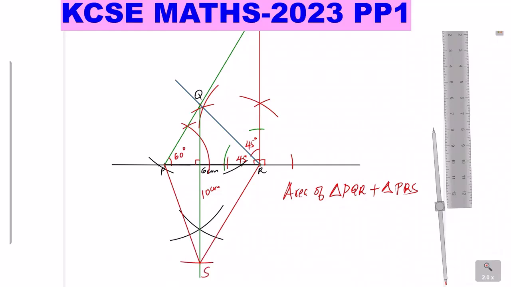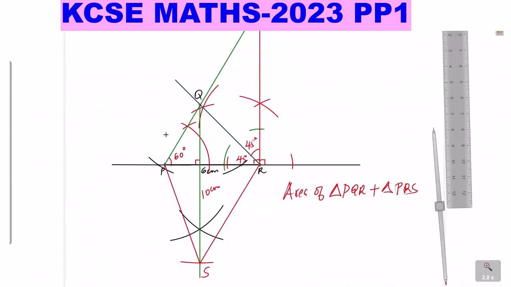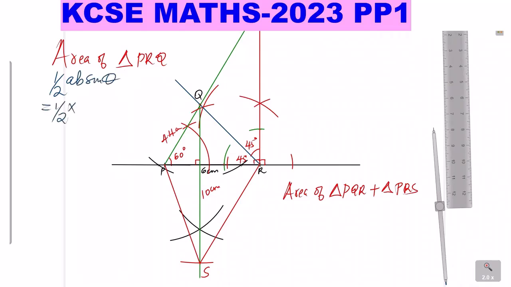So to get the area, I just look at that triangle. You have an angle of 60. We have PQ as 4.4, and we have side PR, which is 6. So we can use this formula for the area of triangle PRQ: half AB sine theta, where A is 4.4 and B is 6.